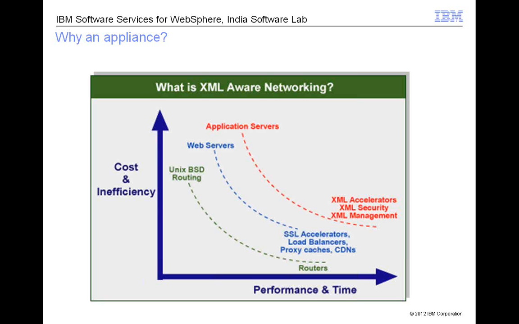So many years that it made a lot of sense to bring XML processing capabilities into devices. DataPower is just one device like that. It does XML processing, and it does everything that components around XML and XML technologies can do.